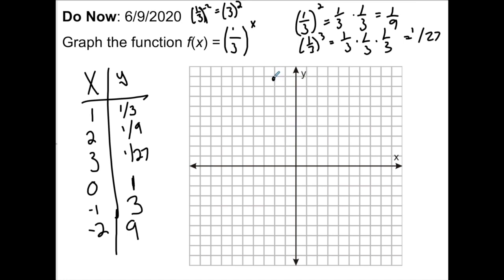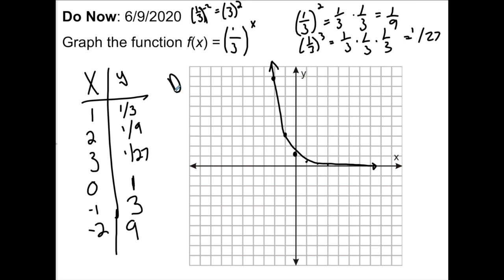Okay, so I've got -2, 9, -1, 3, 0, 1, 1, 1/3, 2, 1/9, 3, 1/27. Okay, so we get this nice graph.